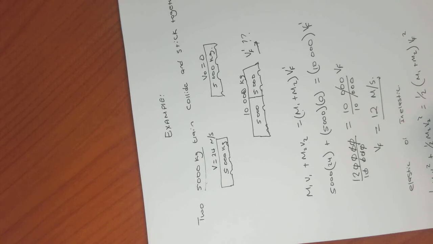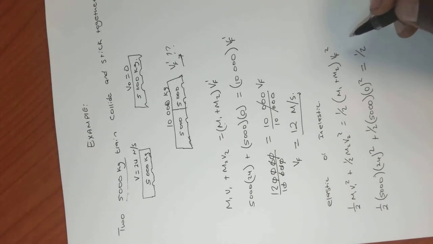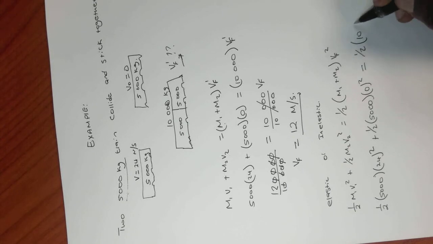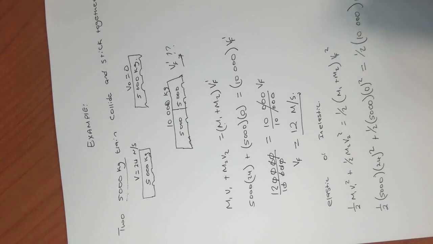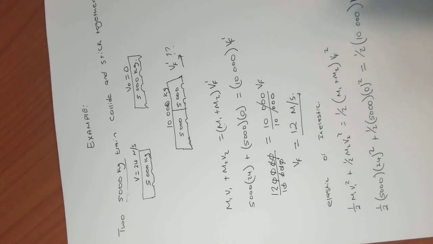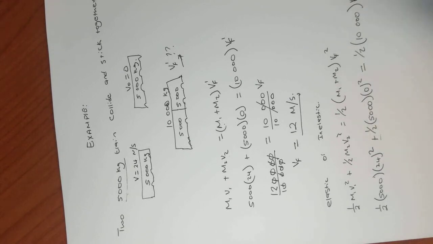You substitute the values: half times 5,000 multiplied by v1, which is 24, squared, plus half times 5,000 times 0 squared, equals half of 10,000 times your v final, which is 12, squared. The second term is automatically 0.